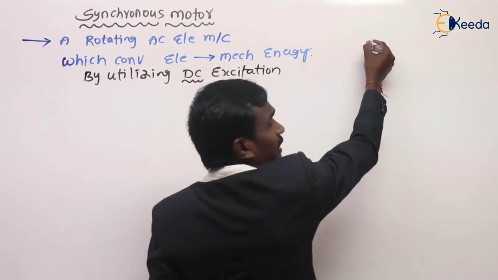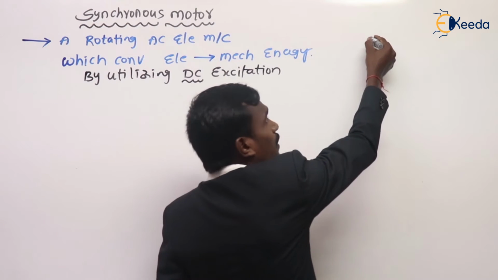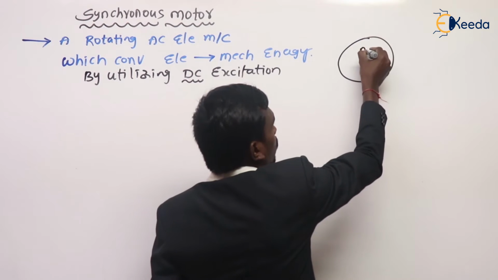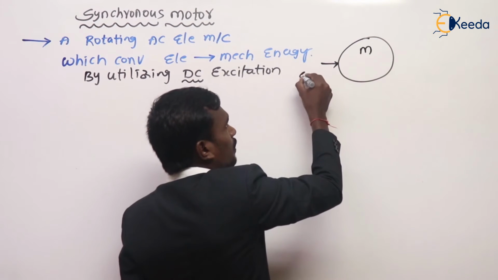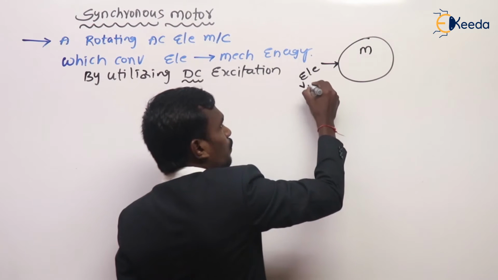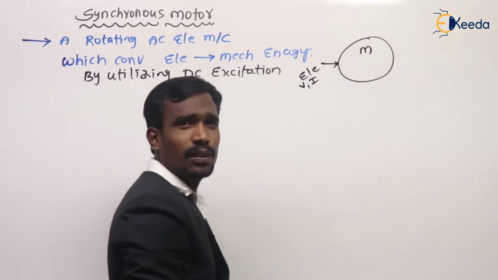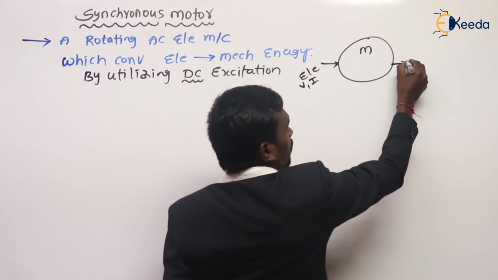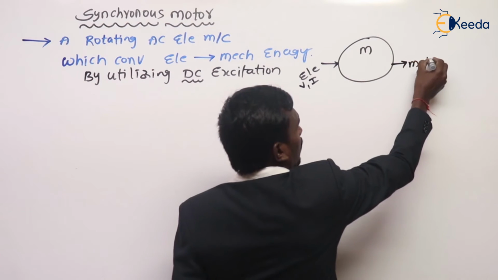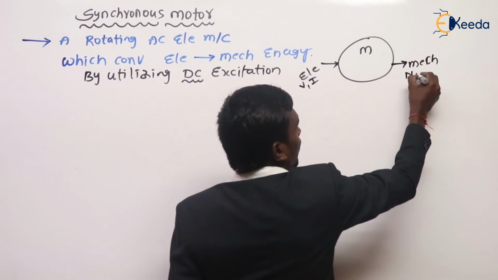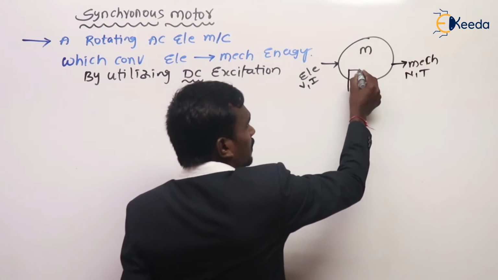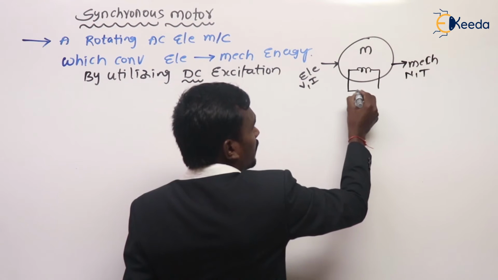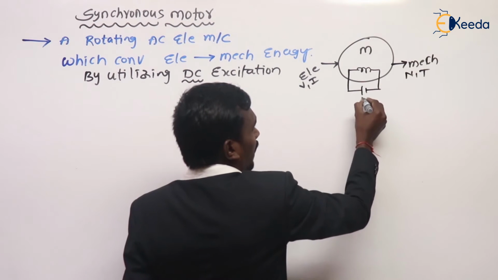See here, for example, this is my synchronous motor. The input of the motor is electrical, nothing but voltage and current, and the output of my motor is mechanical, nothing but speed and torque, and this is excited by a DC supply.